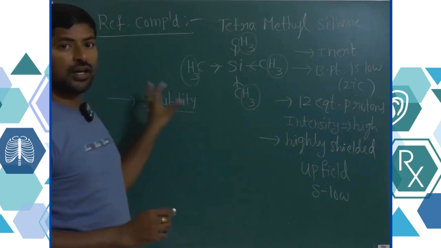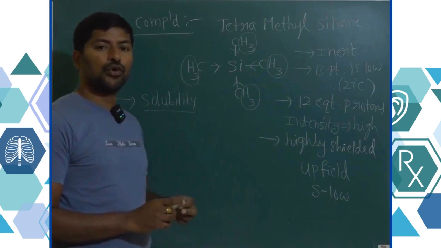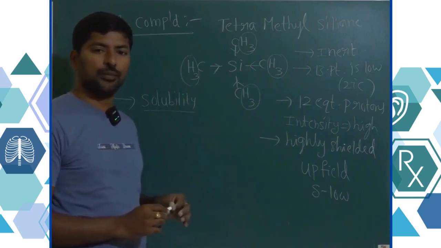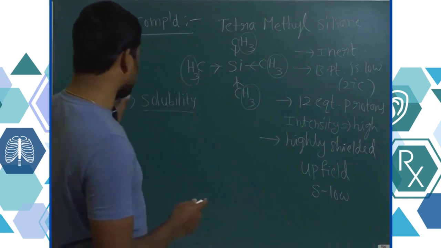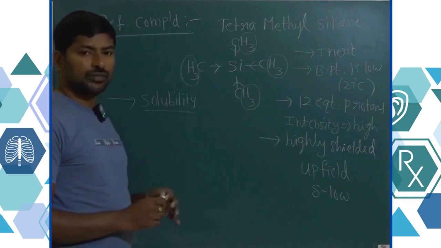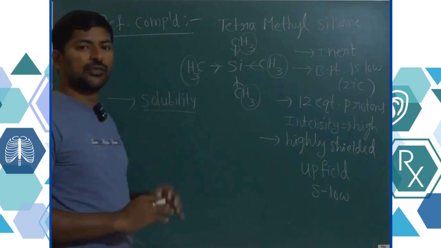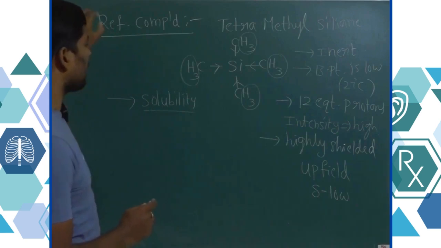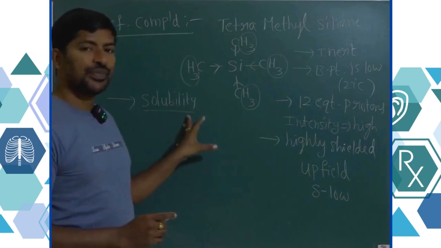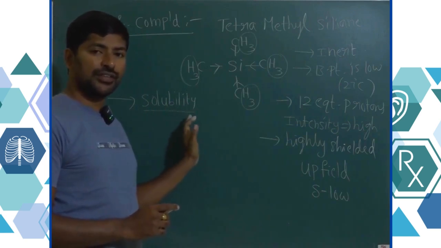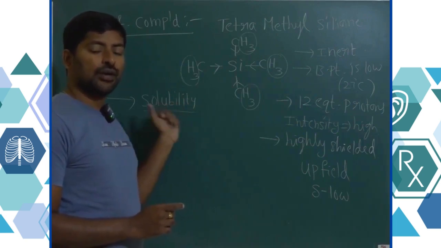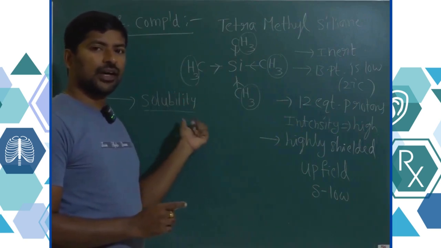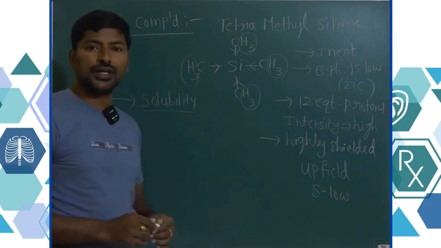But if you go to an aqueous solvent, water for example, and you are recording spectra with the sample in an aqueous solvent, then this is not suitable. So if you record NMR spectra in an organic solvent, generally we use tetramethylsilane.